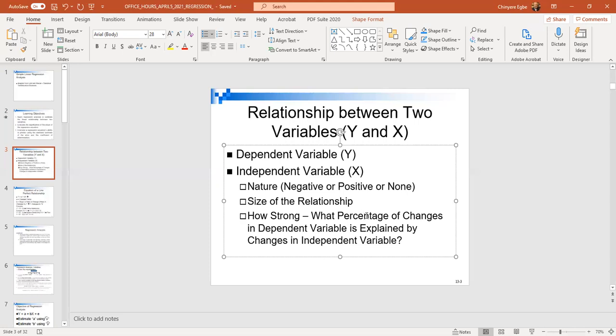Then the other parameter that we want to find out about in a linear regression is how strong the relationship is. How strong, meaning is your bill explained entirely by how much you use?